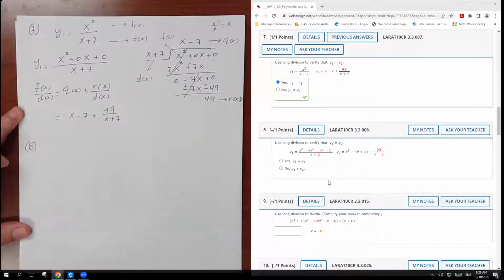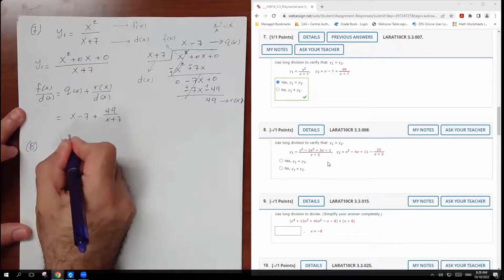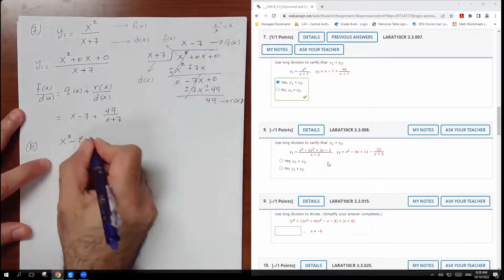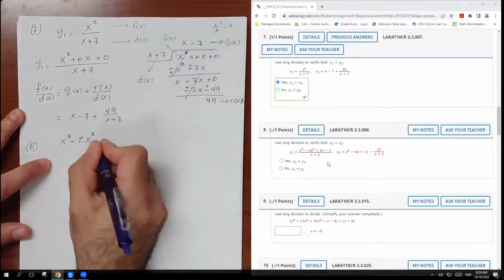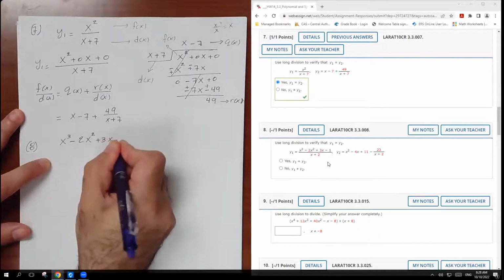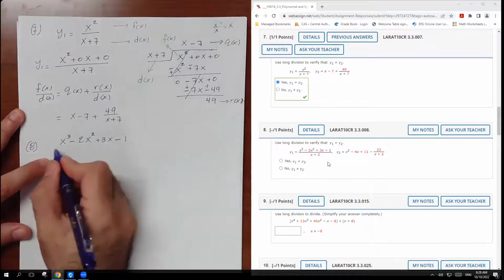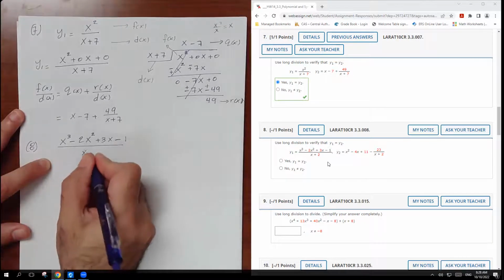So here's example 8: x cubed minus 2x squared plus 3x minus 1, divided by x plus 2.